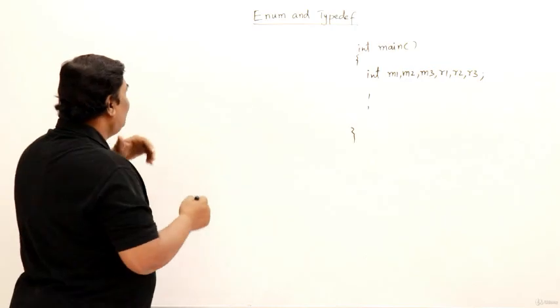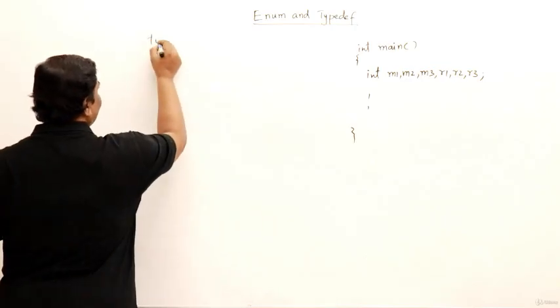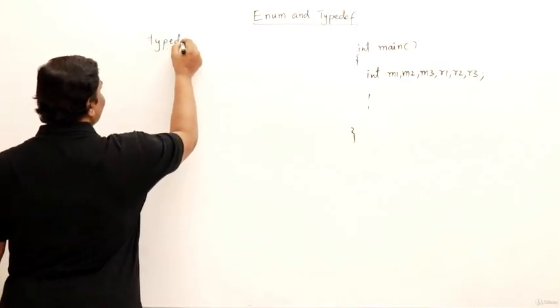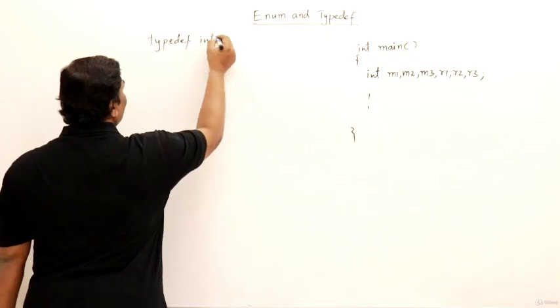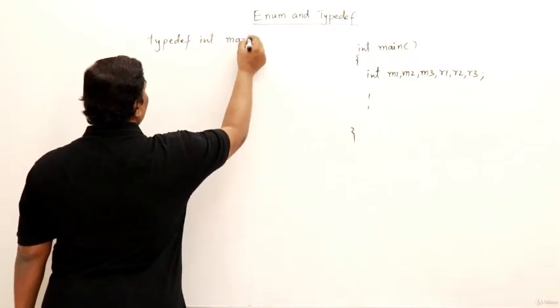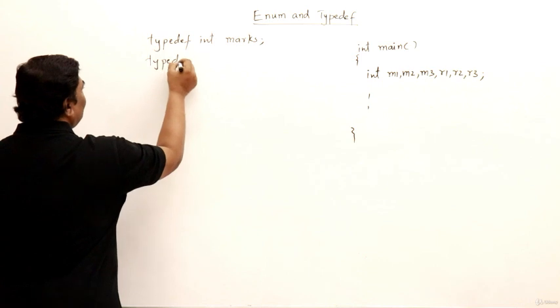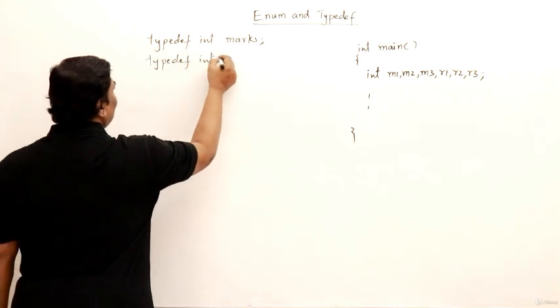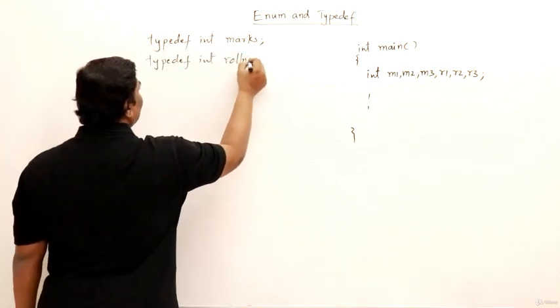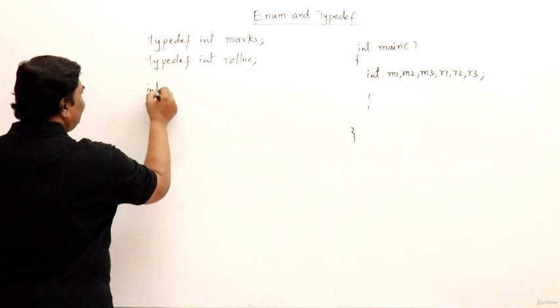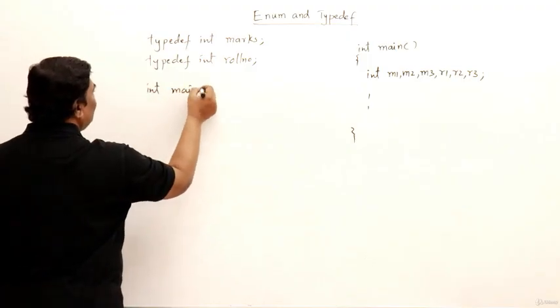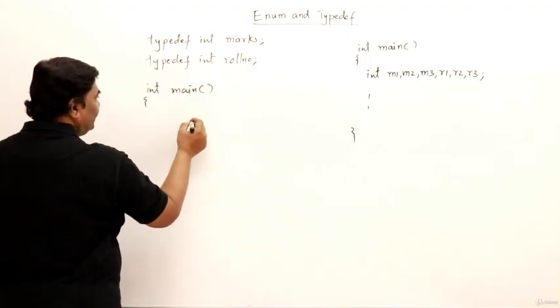So here I will define typedefs. This is a type definition: integer, marks, and one more typedef: integer, roll number. Now inside the main function, I will declare the variables.